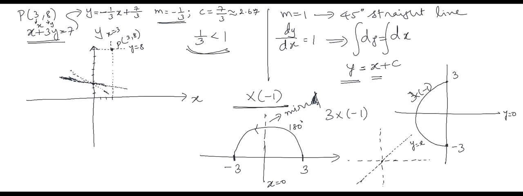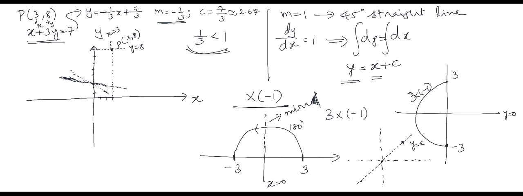So if you have a point, let's say there is a point here. I don't want to take a point on the line, because I drew the line as my mirror.